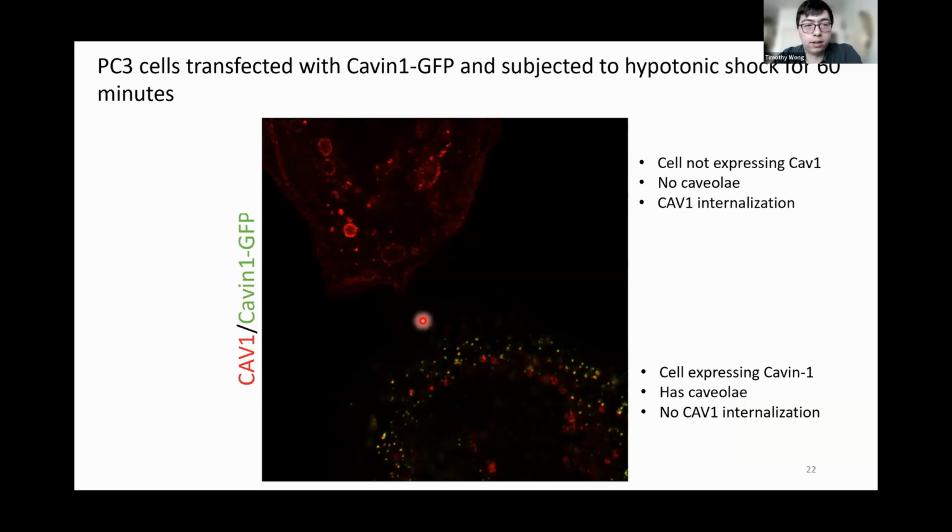This is a similar image, just showing two cells side by side. The cells not expressing CAVIN1, without caveolae, are able to internalize CAV1 with hypertonic shock. But in the cells expressing CAVIN1, which have caveolae, CAV1 is no longer being trafficked into the lysosomes.